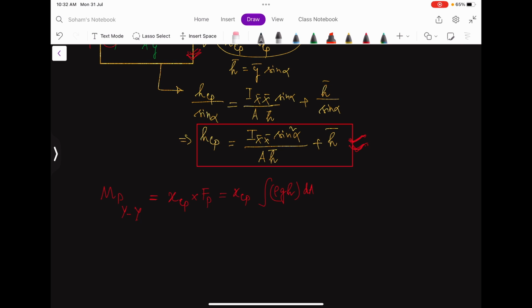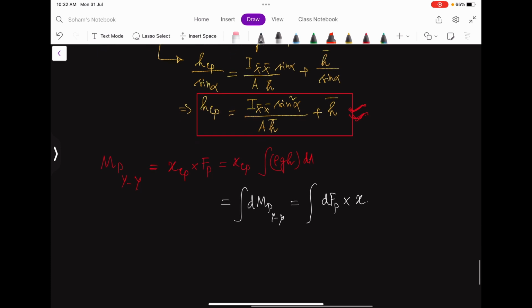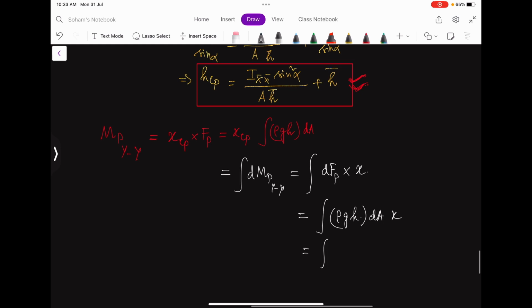That is, if I calculate it by this concept, the differential moment equals the differential force into the moment arm, that is x, and the differential force is again equal to rho gh into dA into x, and that dA was this.